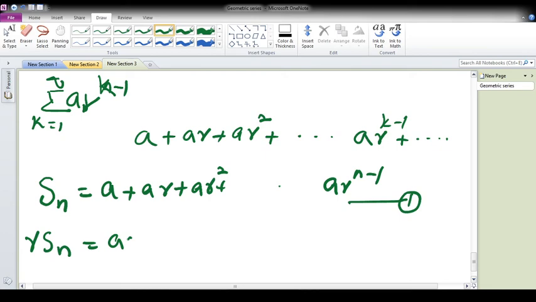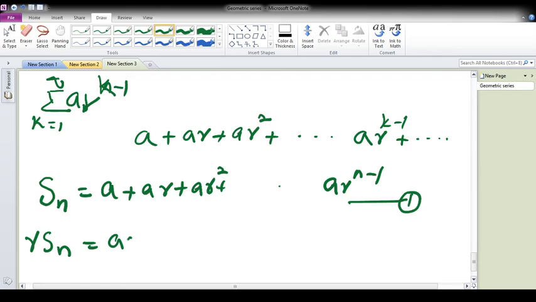ar square minus ar square, 0. Ar cube minus ar cube, 0. Similarly up to ar power n minus 1. So all these terms are cancelled. We got ar power n. So a minus ar power n. Sn is common, so you can take it outside: Sn times 1 minus r equal to a times 1 minus r power n.